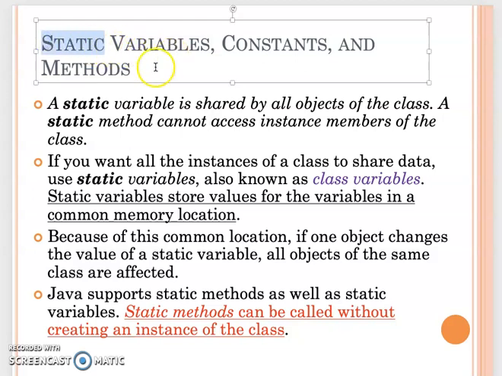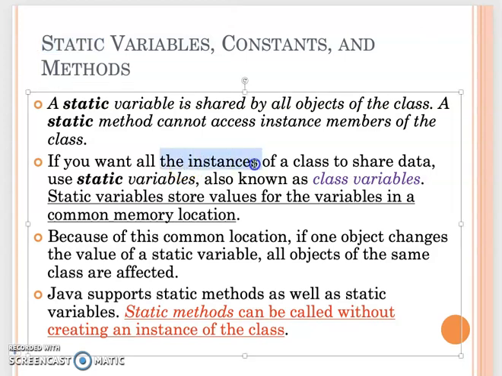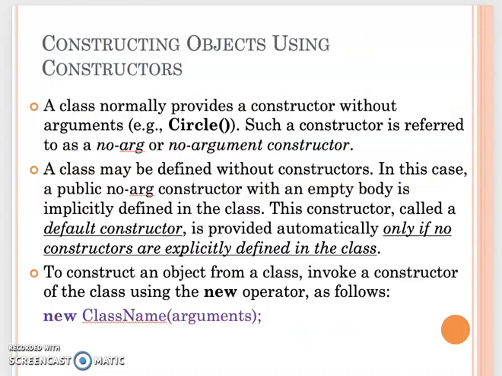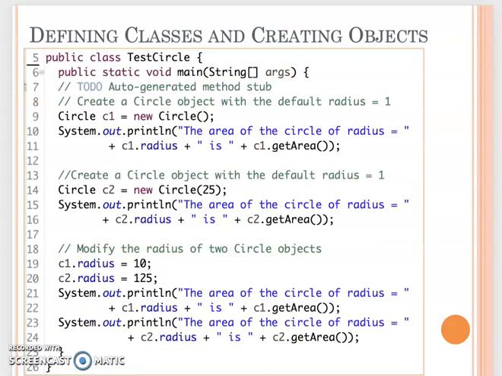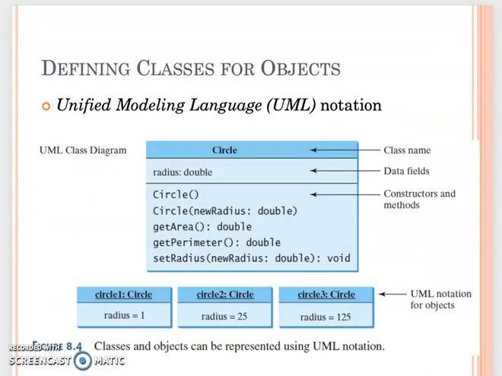So now I want to talk about, again, the static keyword, and the other term we call the instance. We have static method, static variable, and also the instance method and the instance variable. So earlier, in our definition of the circle class, we defined radius and we defined the methods.